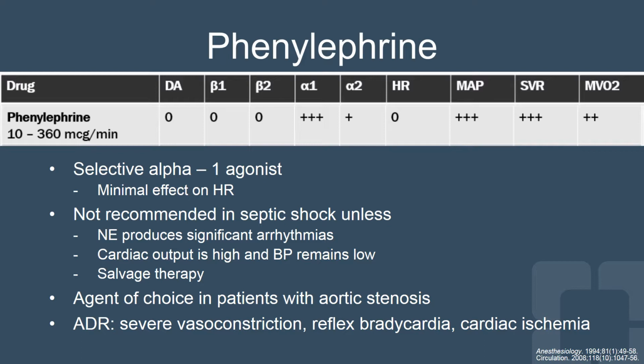However, in this situation, it's beneficial because as the alpha property exhibits its peripheral vascular resistance, it really has no effects on that stenosed aorta, but it will augment blood pressure, and then it potentially will have a rebound effect of a reflex bradycardia, which will then be of benefit in a patient with a disease such as aortic stenosis.